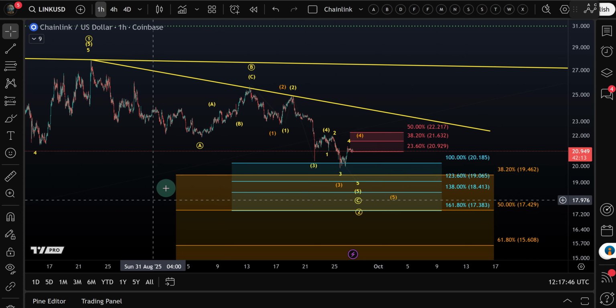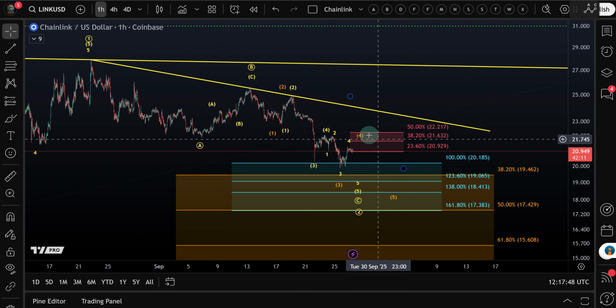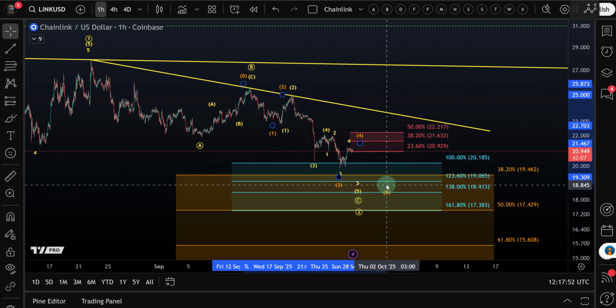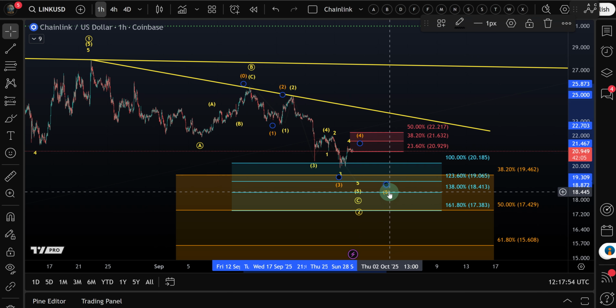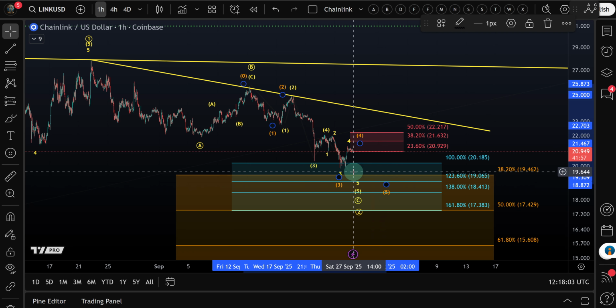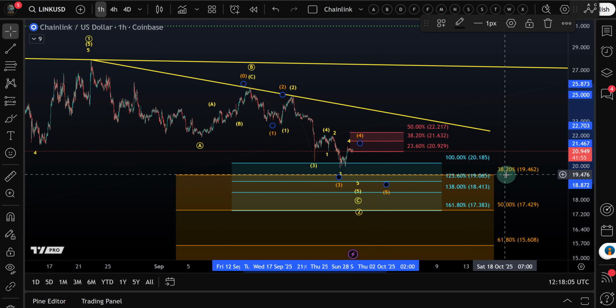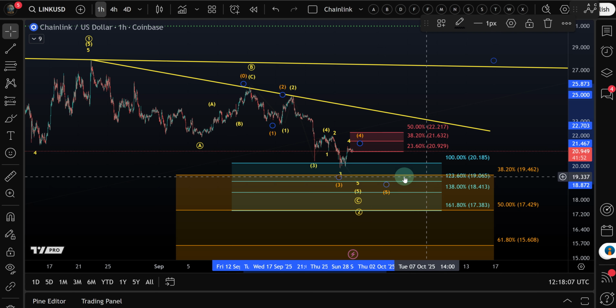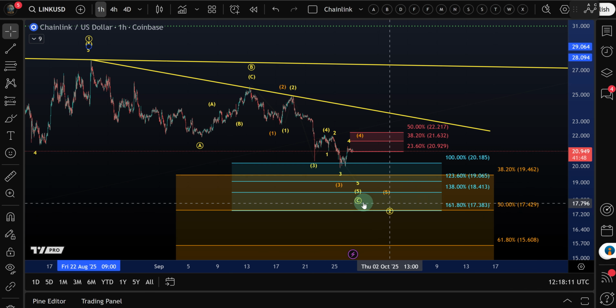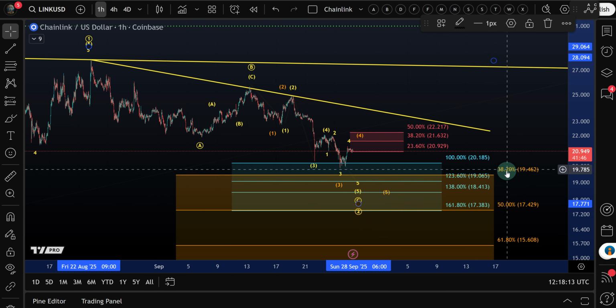So whether the yellow or the orange count, to be honest, I wouldn't really make a difference between them. Orange might be, you could say, a little more bearish, because it might go a little lower. But in the end, if I had to choose between them, I'd say orange, personal opinion, just because we haven't reached, and that's a little bit backed by data actually, the 38.2 retracement, and for any wave 2 correction, I'd like to see at least the 38.2 retracement.